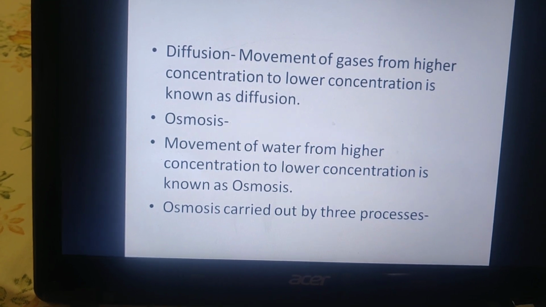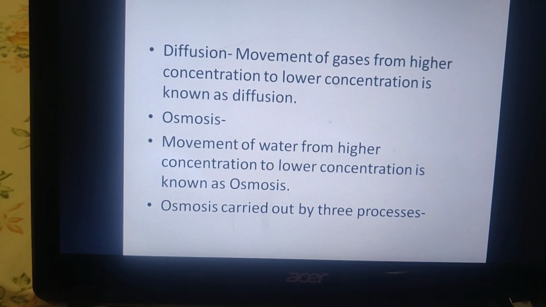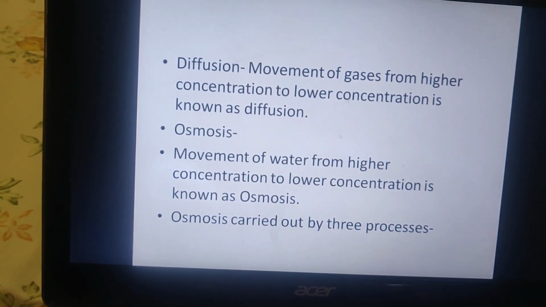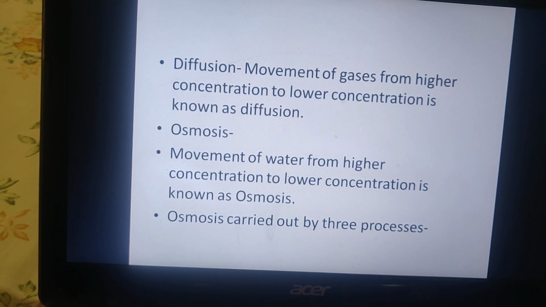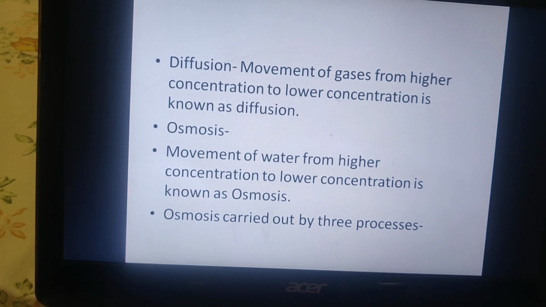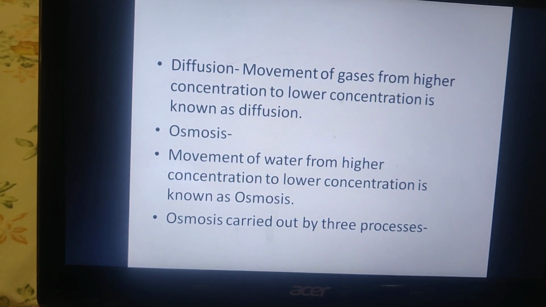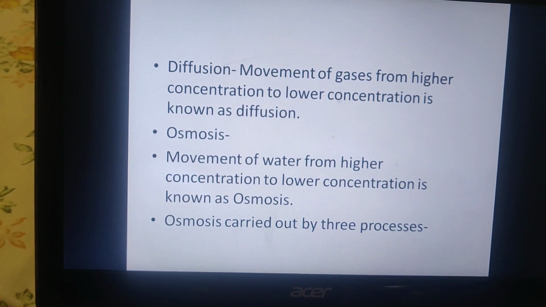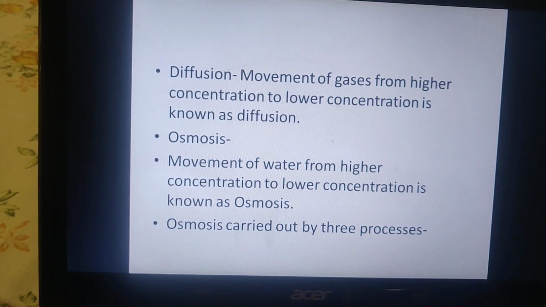As soon as there is a difference in concentration of CO2 inside and outside the cell, CO2 moves. Inside the cell the concentration of CO2 is more because it is the cellular waste.